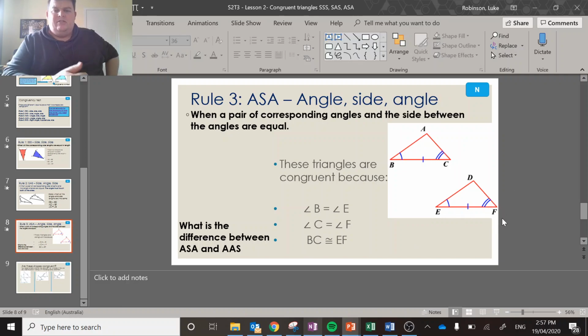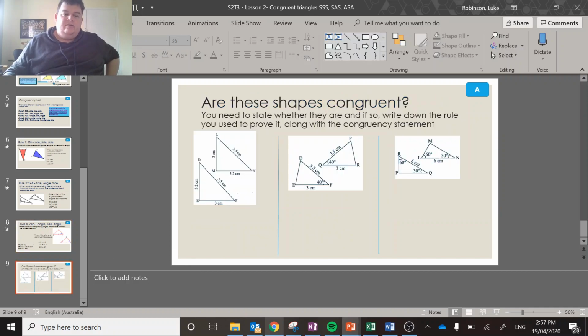And similar with the sides before, when you actually look at real examples, it might be 45 degrees and 60 degrees. They'll actually have values, not just lines. This is just a demonstration. And then lastly, B to C is the same as E to F. So therefore, we can say angle, side, angle is accurate in this case.